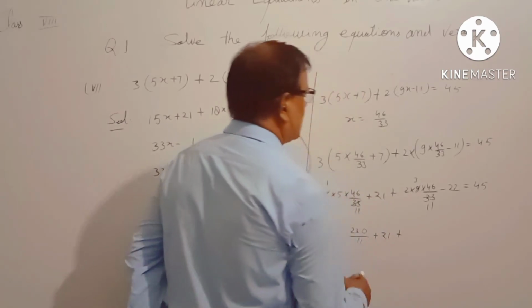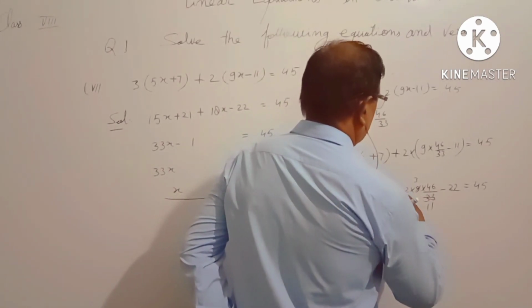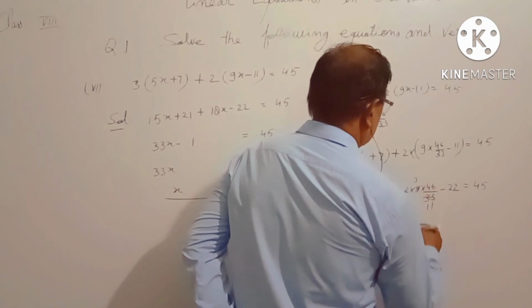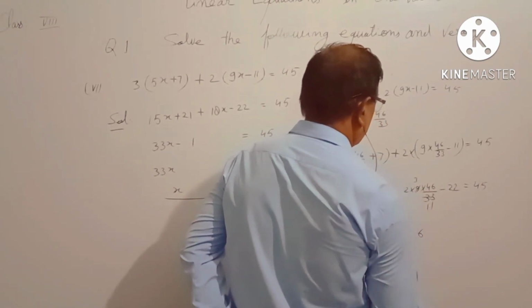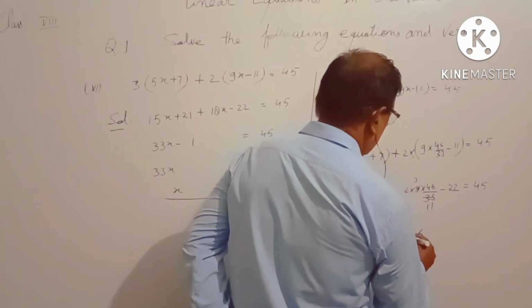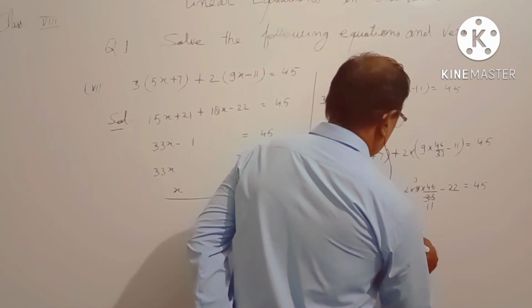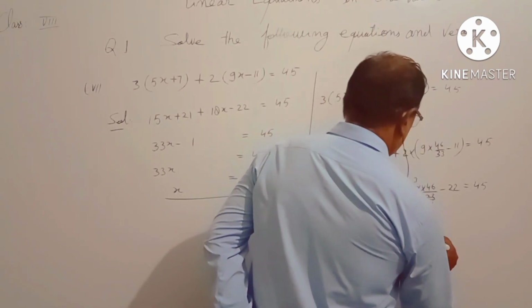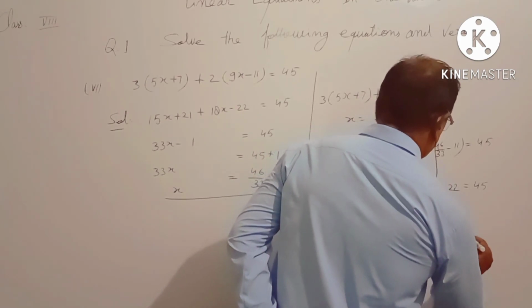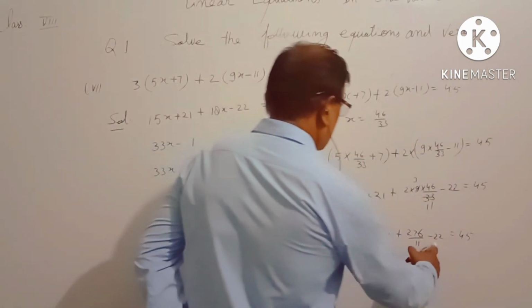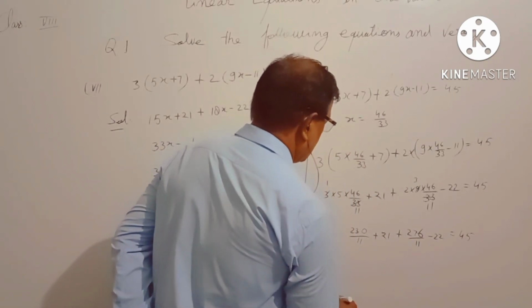Now see here 6 6 the 36. Now 6 4 the 24, 24 and 3, 27 by 11 minus 22 equal to 45. Now we see here 22 is greater value and it is negative.